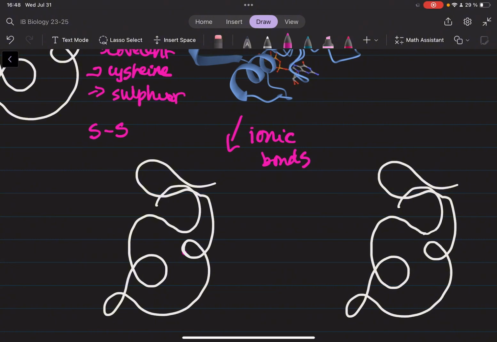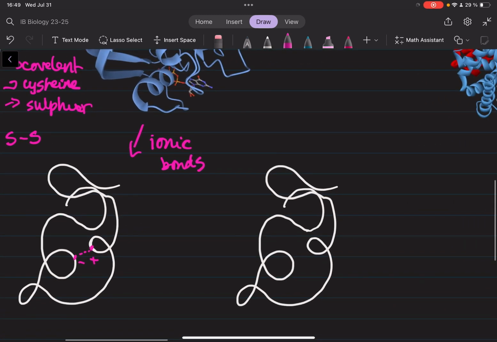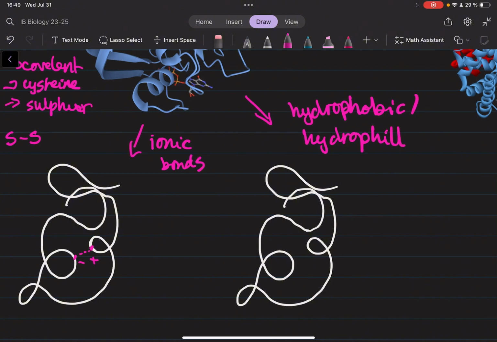So another reason for the shape could be that you have a positively charged R group and a negatively charged R group, and there will be some sort of attraction between those two amino acids, or the R groups in those amino acids, that force them to come together. And then you also have hydrophobic or hydrophilic interactions.